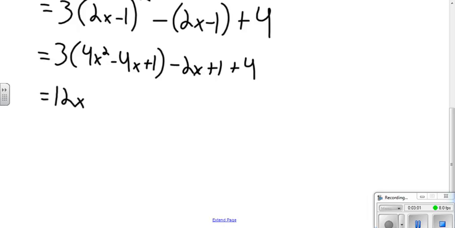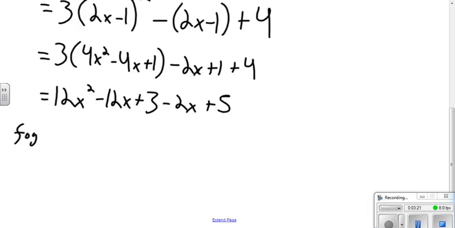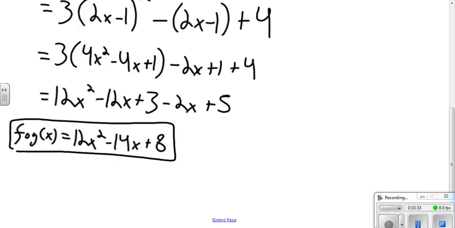We have 12x squared minus 12x plus 3 minus 2x plus 5, because I combined those other ones. Now we just continue combining everything to find out that f of g of x is 12x squared minus 14x plus 8. That is our f of g of x. That's how we got it.